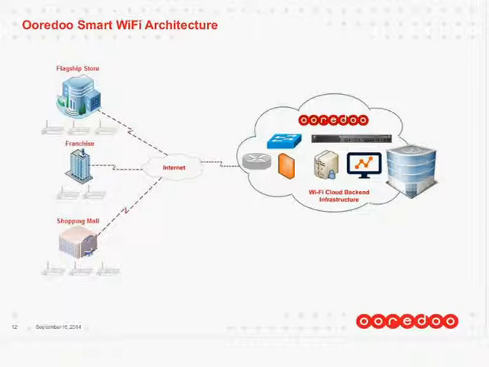Then everything connects with the internet, and then we have a backend infrastructure with routers, firewalls, switches, servers, and the analytics engine, which processes this information and delivers your personalized dashboard, through which you can see what's happening on your site remotely from wherever you are.